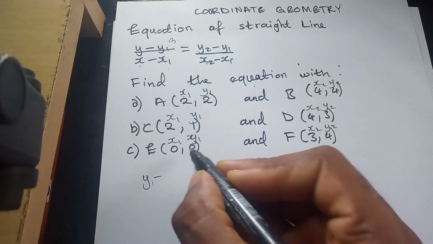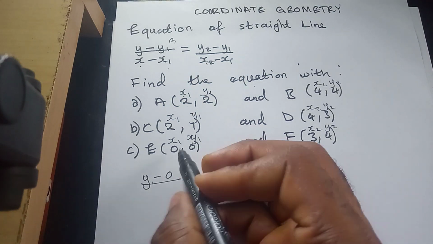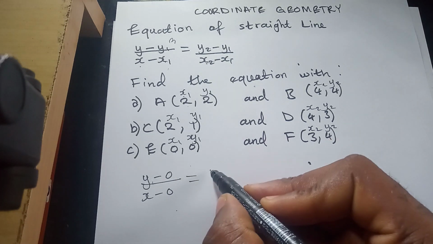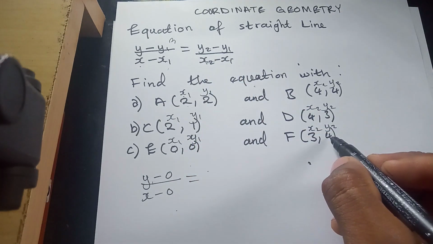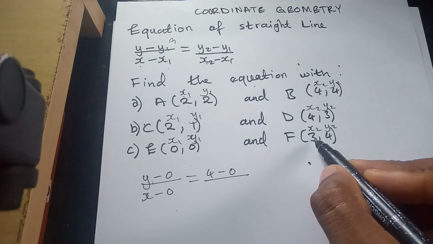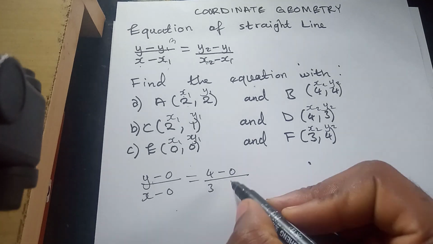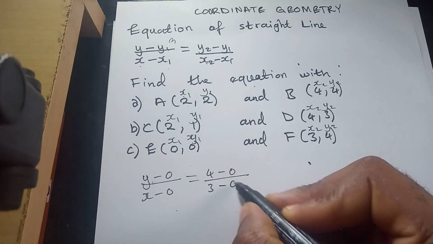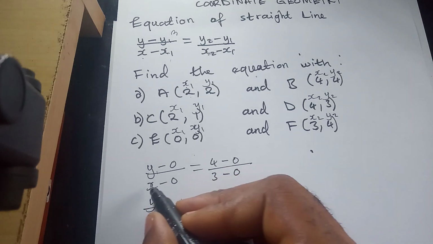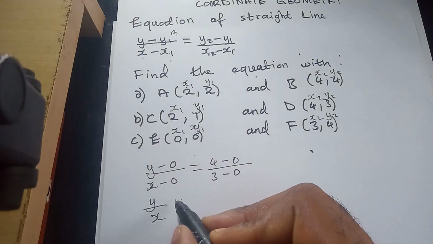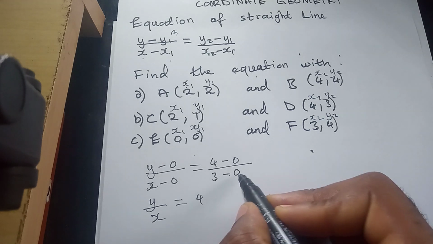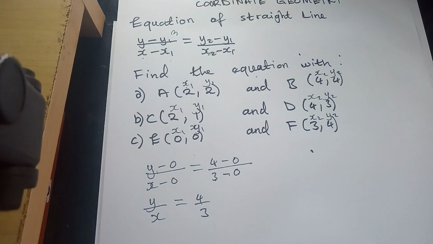So we can say y minus y1, which is 0, then x minus x1, which is also a 0, is equal to y2, our y2 is 4, minus our y1, which is 0, and then our x2 is 3, minus our x1, which is a 0. So we have y minus 0, which is just the y, and x minus 0, which is just an x. And then 4 minus 0 is 4, then 3 minus 0 is a 3.